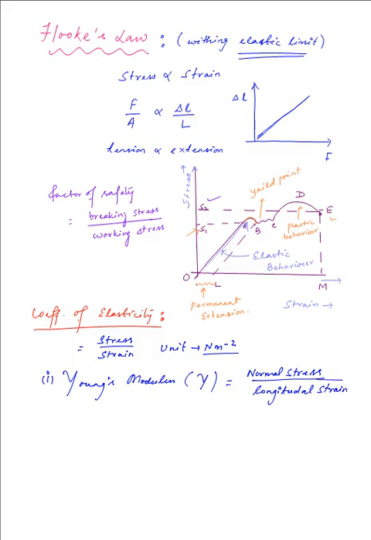For any given object, say a wire, where the length is the dominant parameter, we have the force per unit area for the stress that is acting, and this area is the cross-sectional area of that wire, and del L is the extension of that wire divided by L, its initial length.